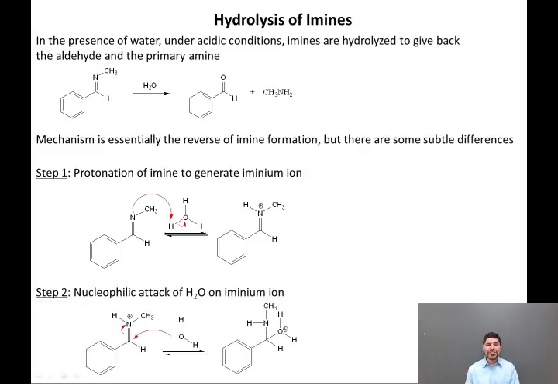Okay, now step two is the nucleophilic attack of water on the iminium ion. So treat the C=N double bond, I could have drawn another resonance structure with a positive charge on nitrogen, but treat the C=N double bond just like a C=O double bond. So you can add to the carbon of an iminium ion just like you can add a nucleophile to the carbon of a carbonyl.